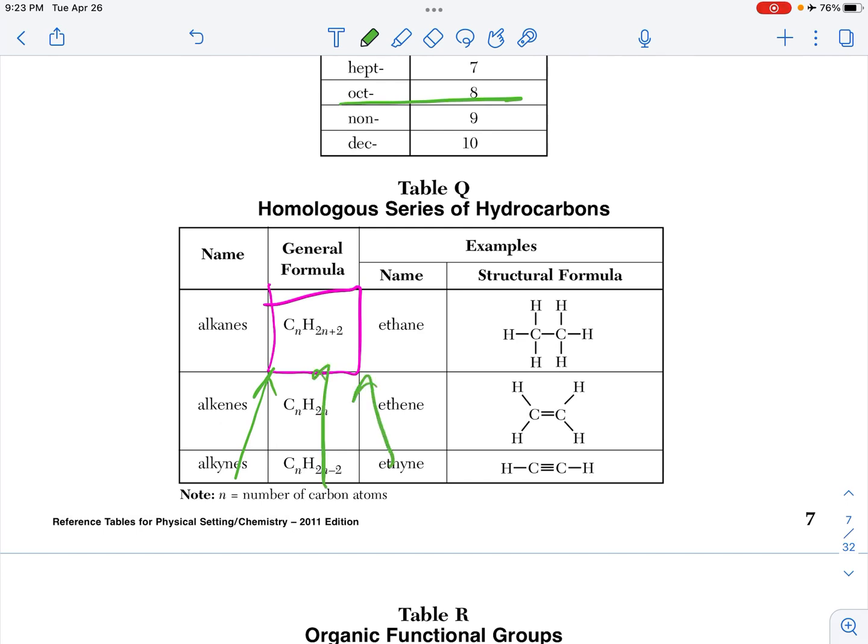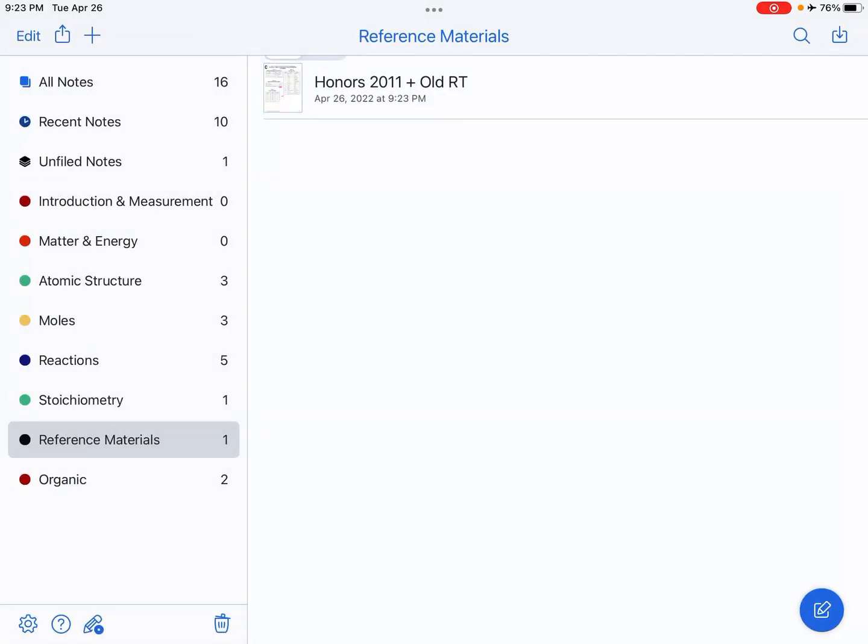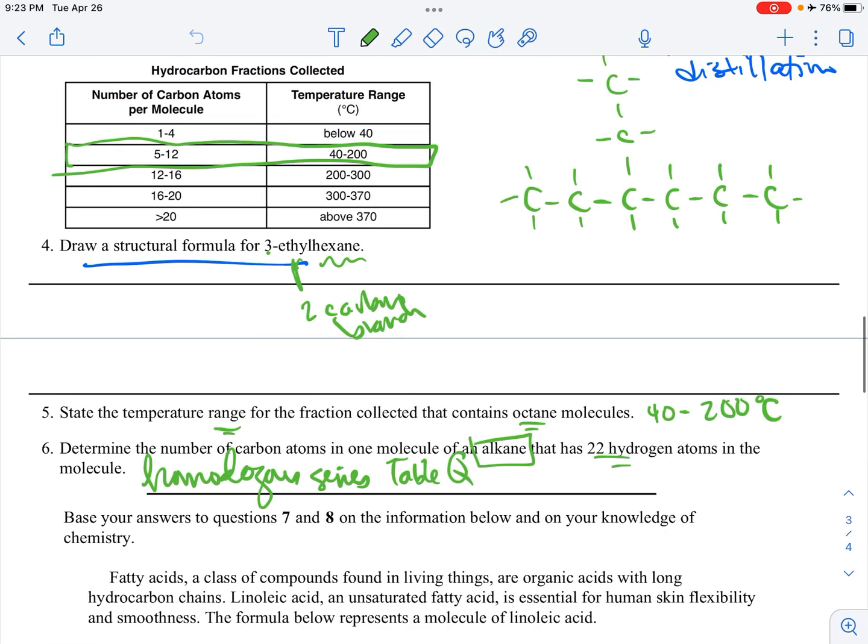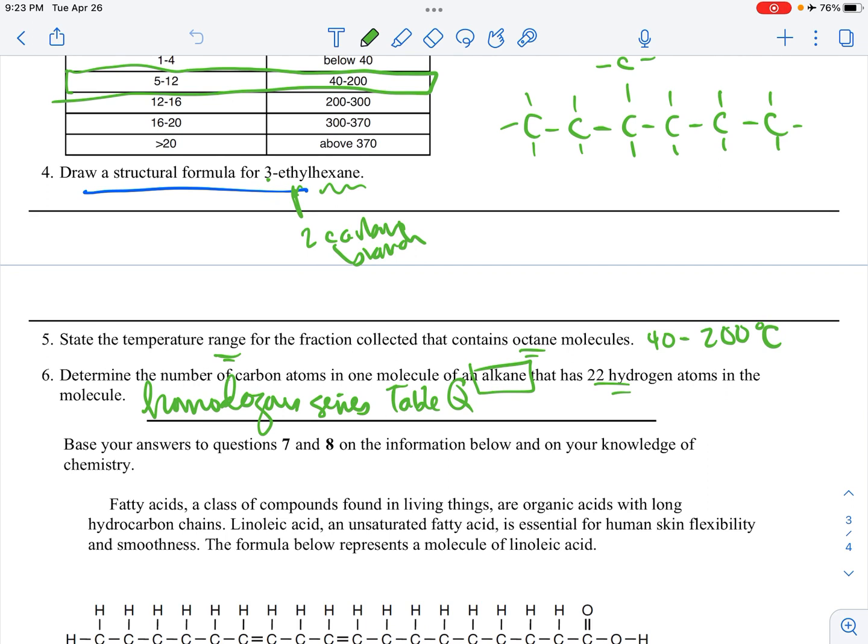We're going to have double the carbons plus 2. So CnH2n+2, where n is the number of carbon atoms. We double it and add 2, and that gives us the number of hydrogens in an alkane. So if you have 22 hydrogens, take 2 away and you have 20, which means n must be 10. So I'm going to go with 10 carbon atoms.